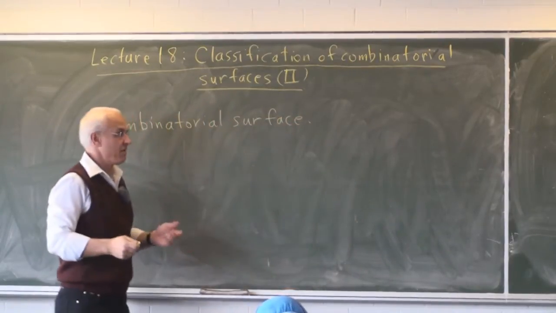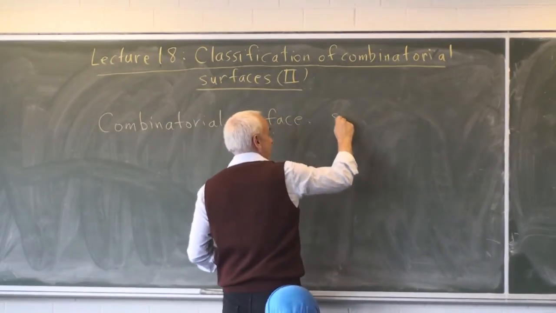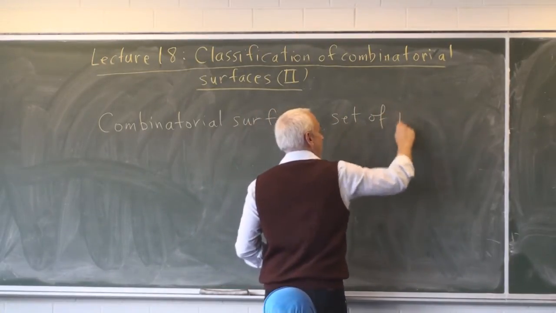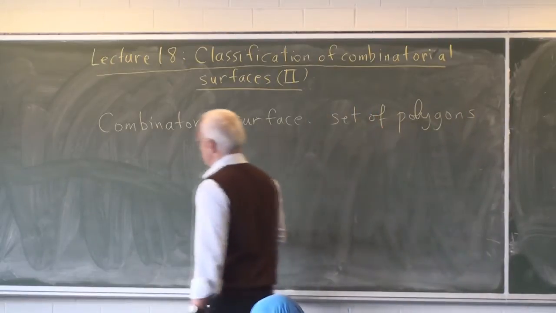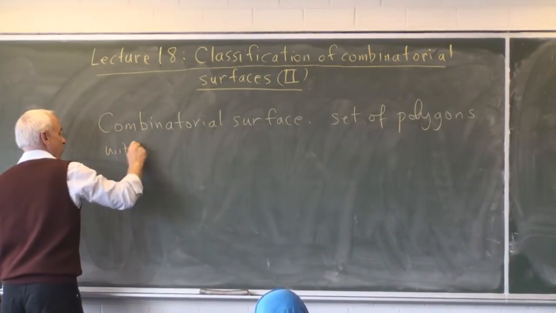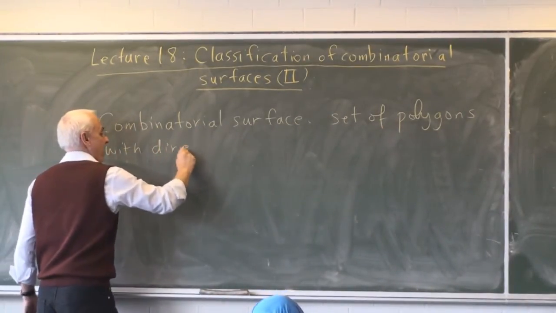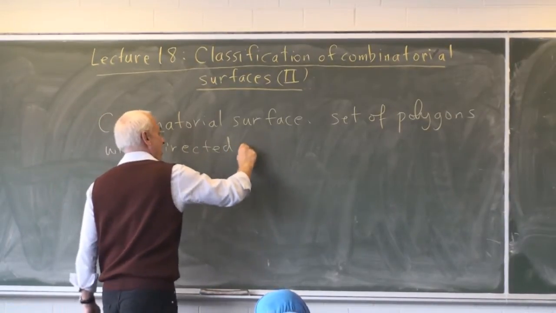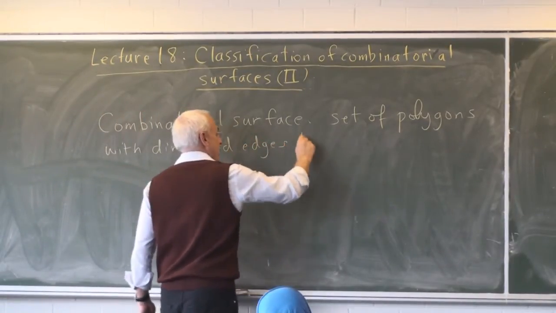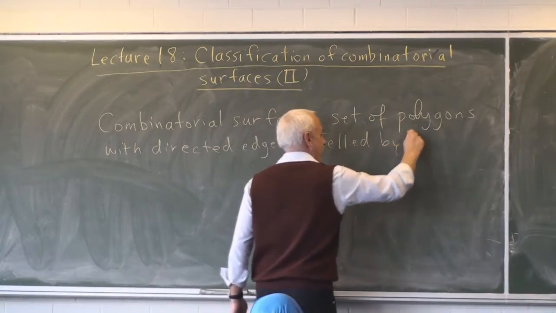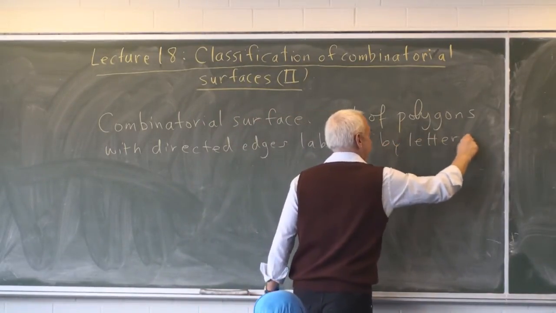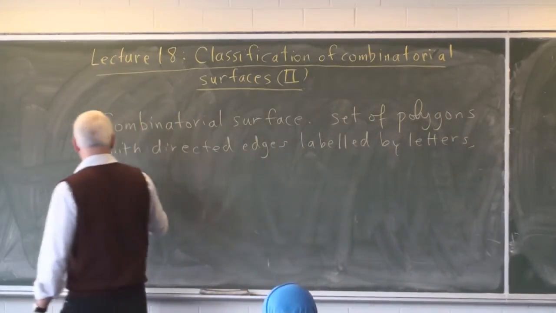And that means a finite set of polygons with edges directed, labeled by letters, with each letter appearing twice.